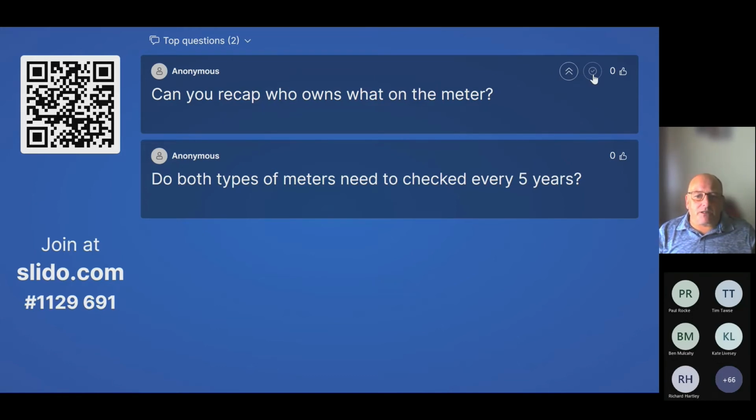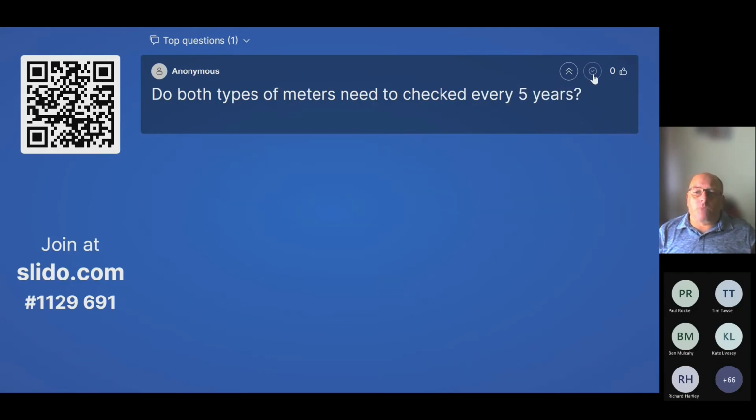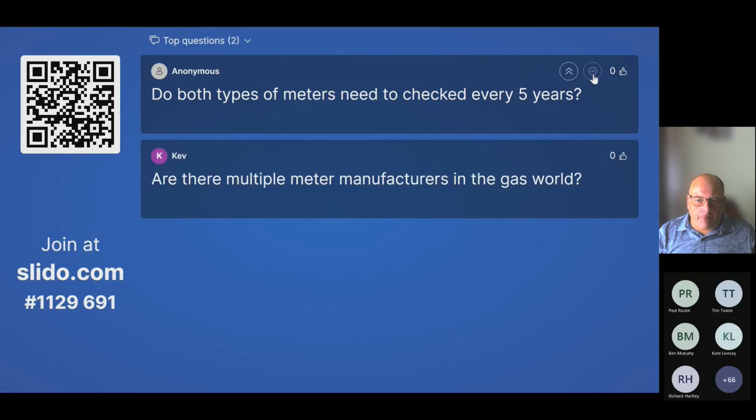Both meters need to be checked every 5 years. So for medium pressure meters, so anything that's on medium pressure, by law there is a 5 and 10 yearly inspection.